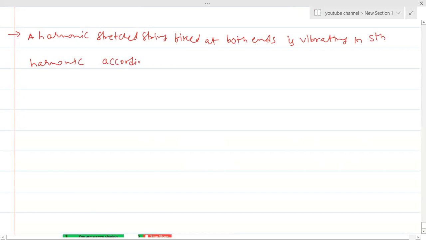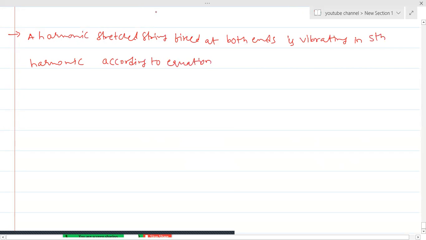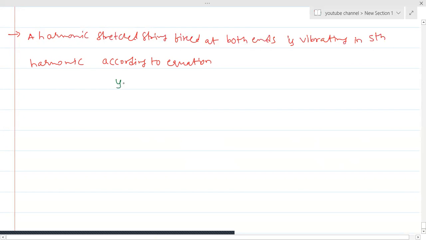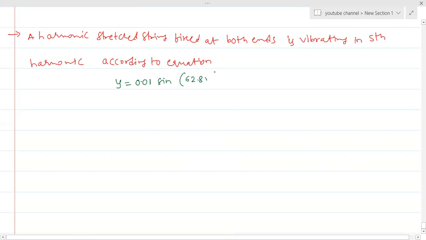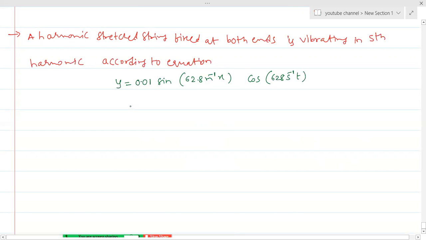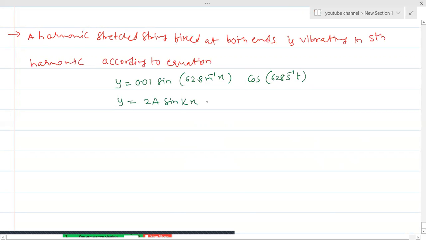According to the equation, it is given as y equivalent to 0.01 sine of 62.8 meter inverse into x, and cos of 628 second inverse into t. Then we will let y equivalent to 2a into sine kx into cos omega t. So we are taking this question.